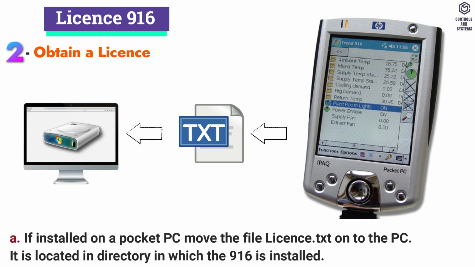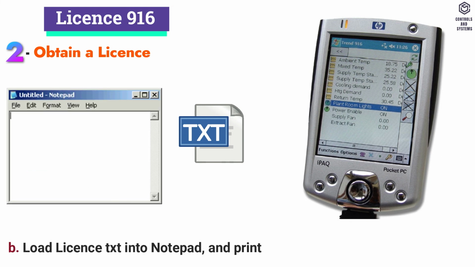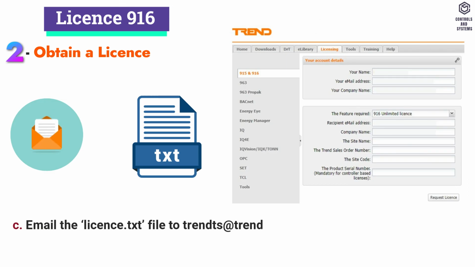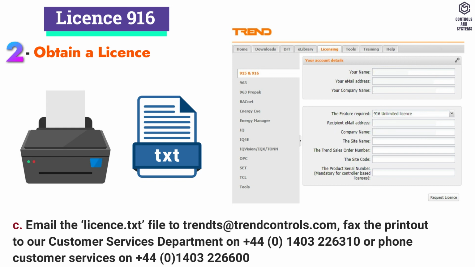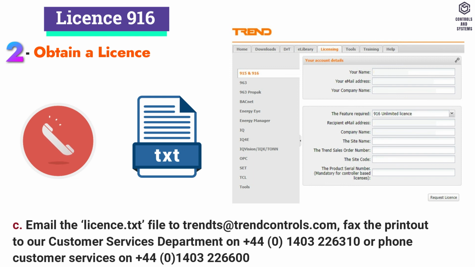It is located in directory in which the 916 is installed. Load license.txt into Notepad, and print it out. Email the license.txt file to trends@trendcontrols.com or fax the printout to Customer Services Department or contact phone Customer Services.